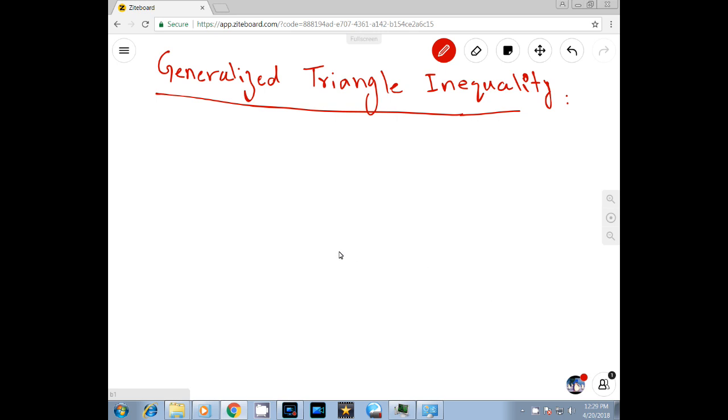First, instead of 3 points x, y, and z, we will choose 4 points: x1, x2, x3, and x4.